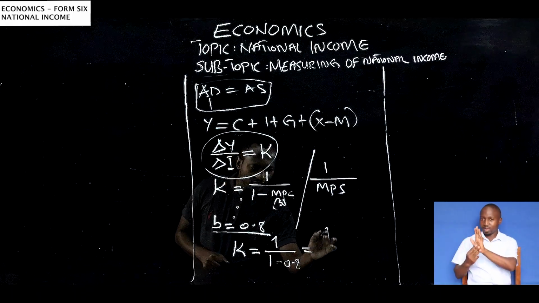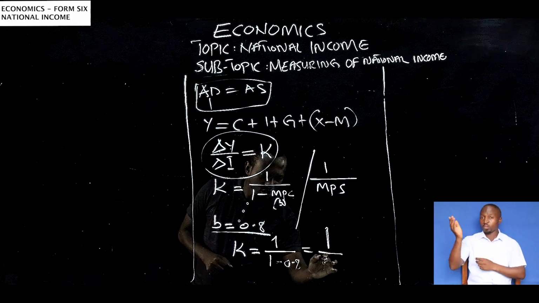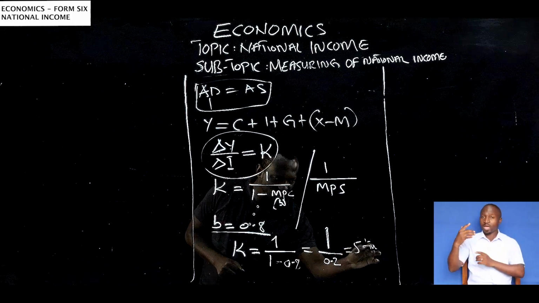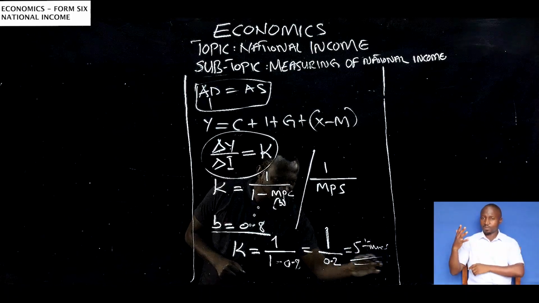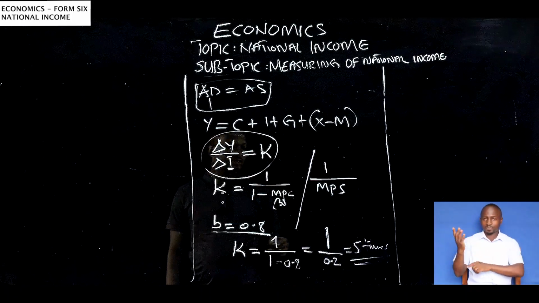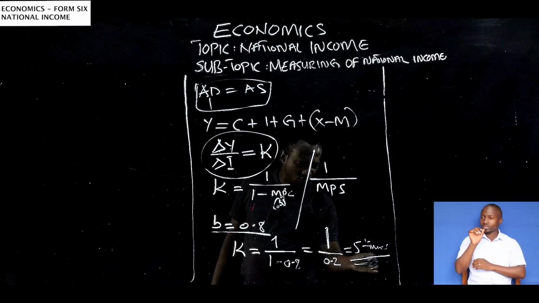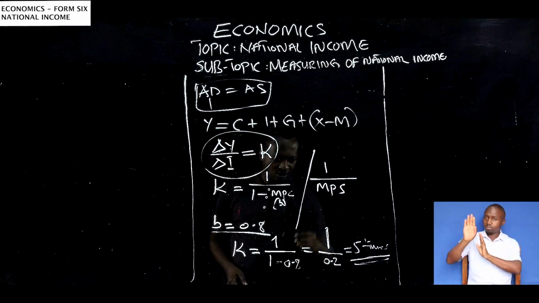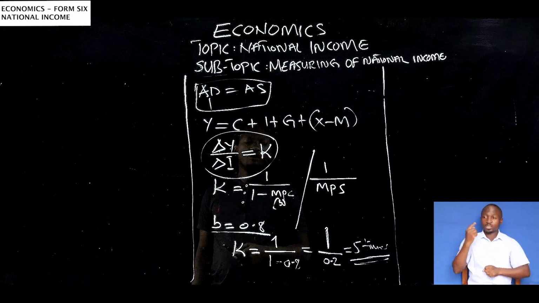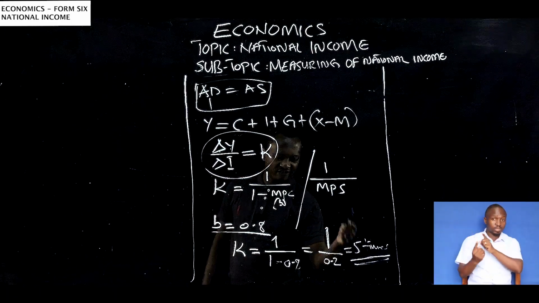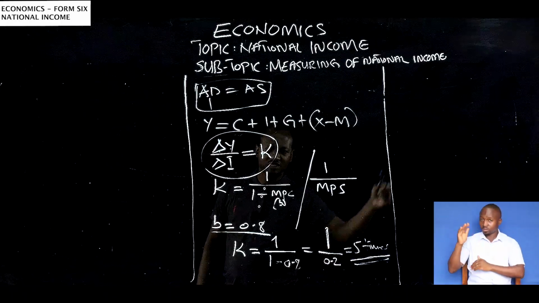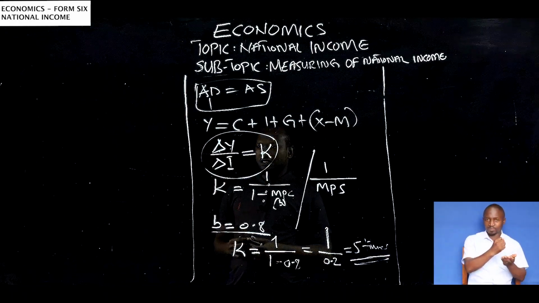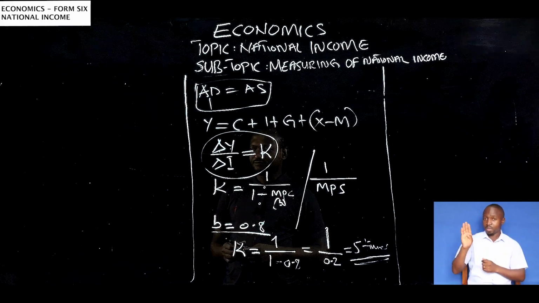We get 1 over 0.2, which is 5 times. This means if investment changes, whether it increases or decreases, national income will also change by 5 times that of investment. That is B.